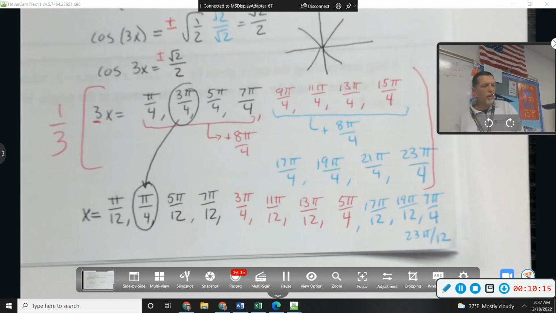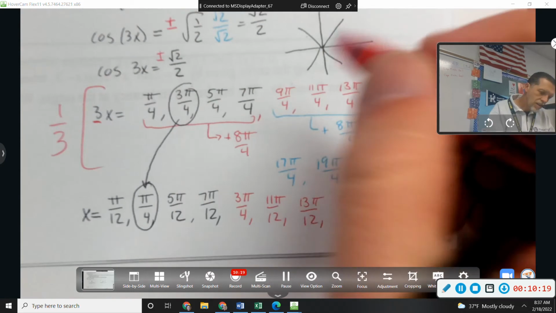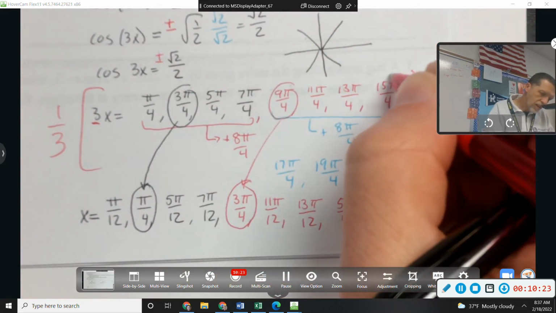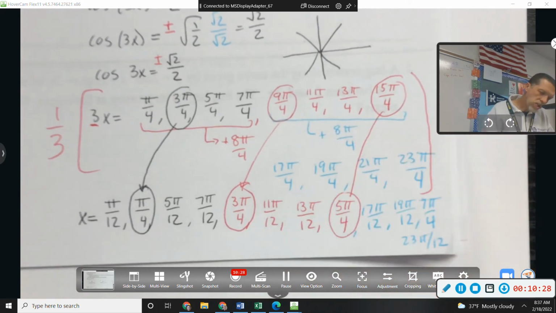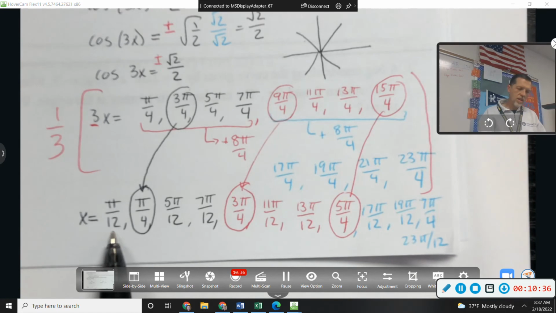So it was 3 pi over 12, and then it reduced. Is the 12 that 1 pi or is that 2 pi? That's 1 pi over 12. Pi over 12 is 1/12 pi.